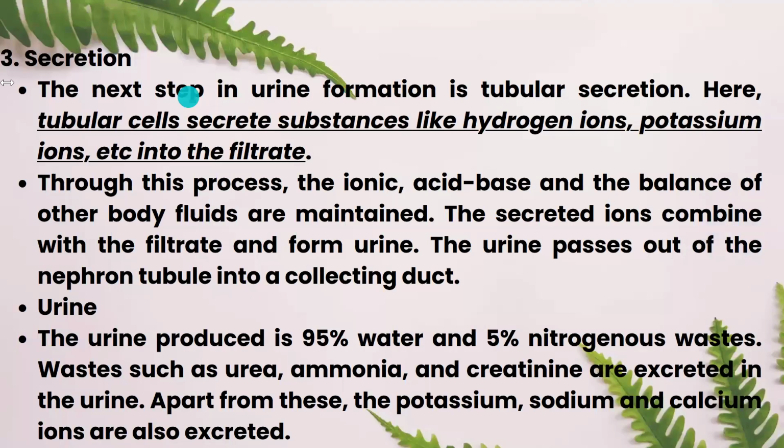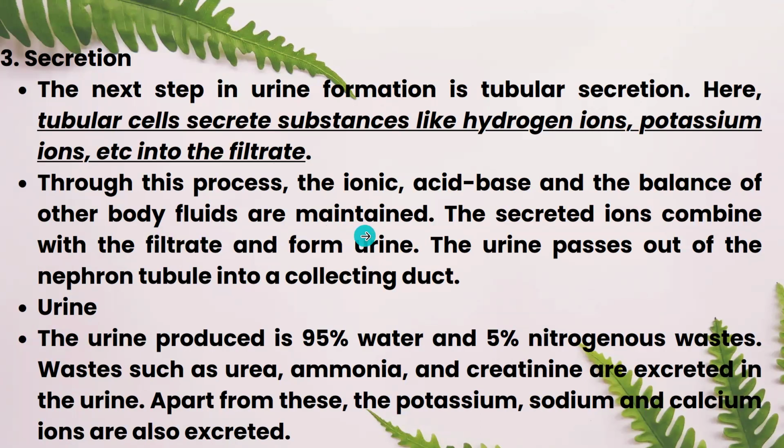Now the last one is secretion. The next step in urine formation is tubular secretion. Here the tubular cells secrete substances like hydrogen ions, potassium ions, etc. into the filtrate. Through this process, the ionic acid and base balance of the body fluids is maintained.